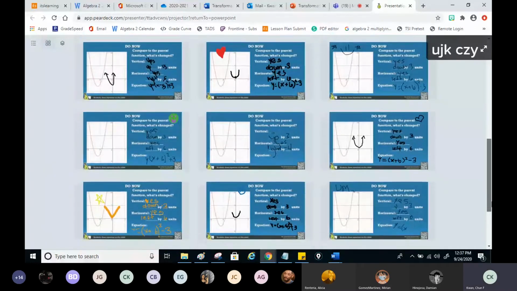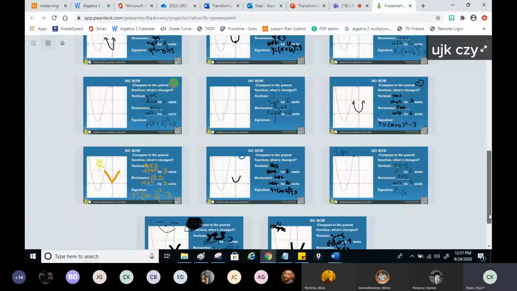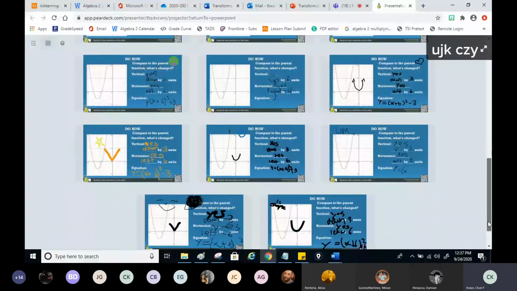And then the green smiling emoji. All right, green smiling emoji, you have a +3 at the end, but this graph is shifted down, okay? Shifted down. So when it is shifted down, we need a -3, okay? We need a -3.